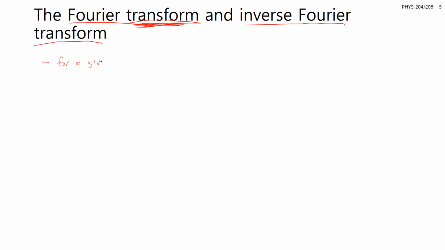for a given signal in time, where time is the key here, what are the frequency components that contribute?